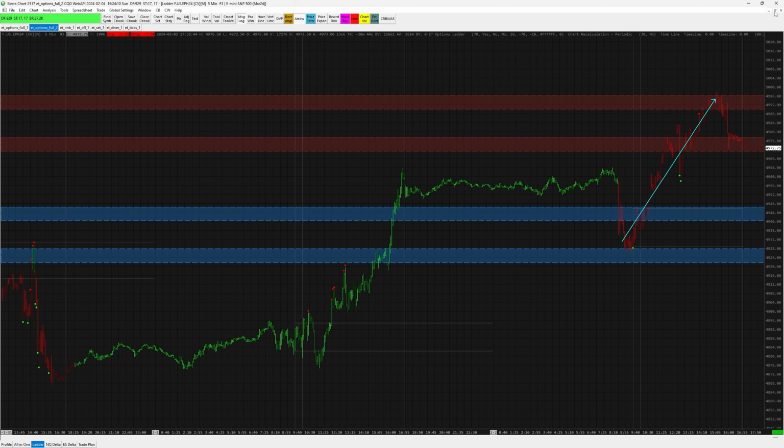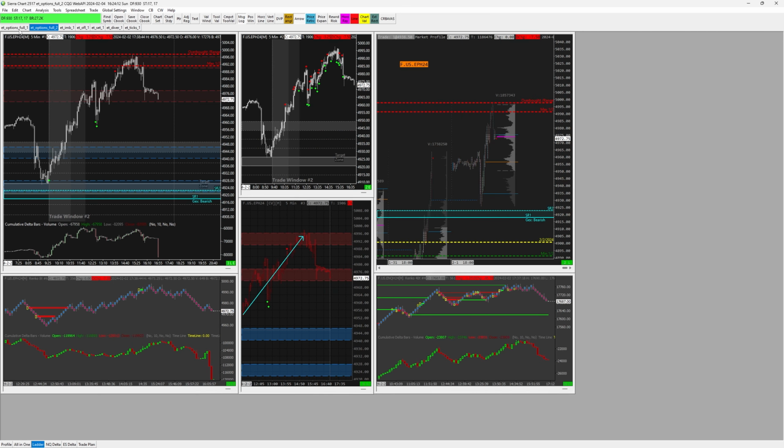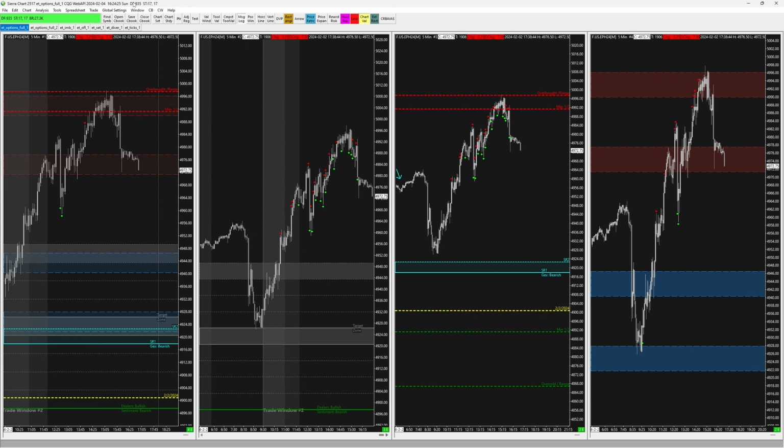Yeah, so I think that would be it. So you have ET options full 2 and ET options full 1. Full 2 is basically what I'm using, right? From here you can just pick these charts and copy them, duplicate them, do whatever you want with it, and it's like a presentation of the whole tools.